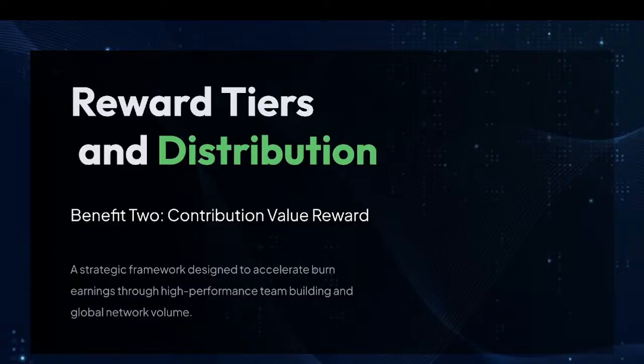This slide is the cover of my presentation on the reward tier and the distribution system. The core focus of this presentation is invitation benefit 2, which is officially known in the Bitcoin network as the contribution value reward. The primary objective of this reward is to serve as a high-speed acceleration mechanism. It accelerates the output of your proof of burn earnings for being an active participant and promoter in the ecosystem.